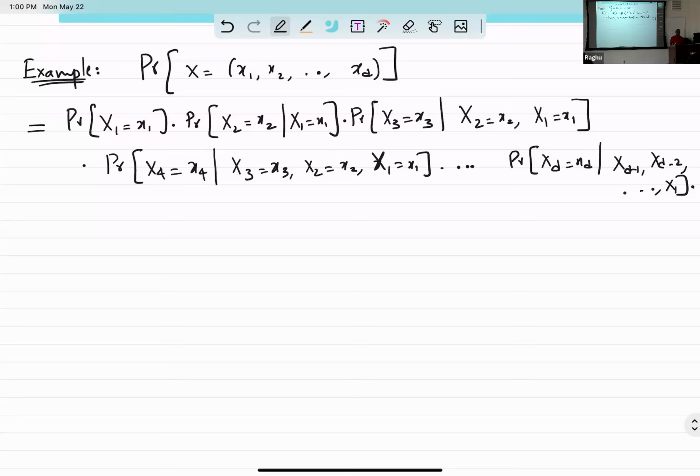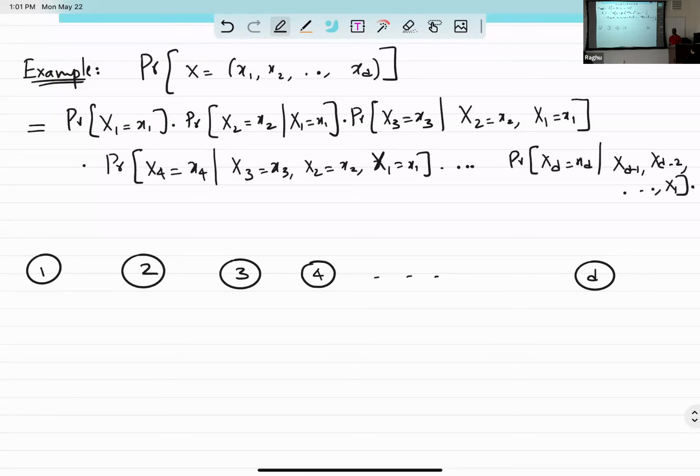Okay? But pictorially, what this means is any distribution can be written as a graphical model with the following graph. Which graph would this decomposition correspond to? It has to be directed acyclic, but there's a simple way to write it as a directed acyclic graph.